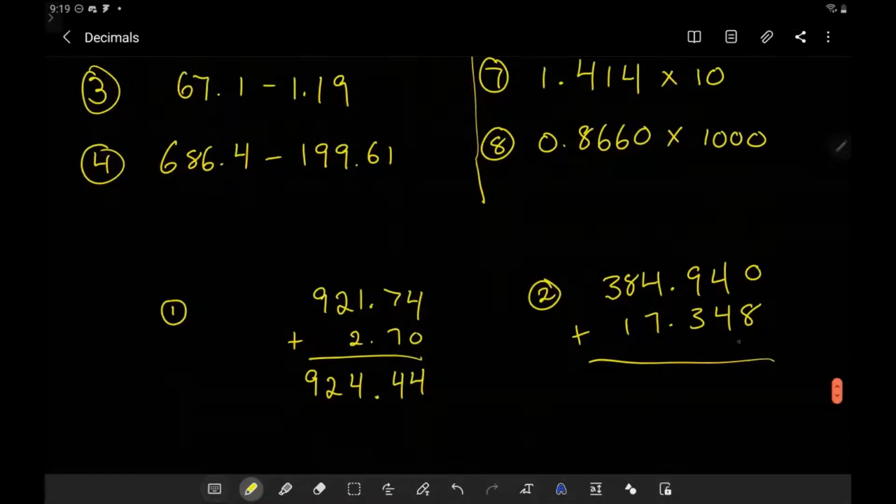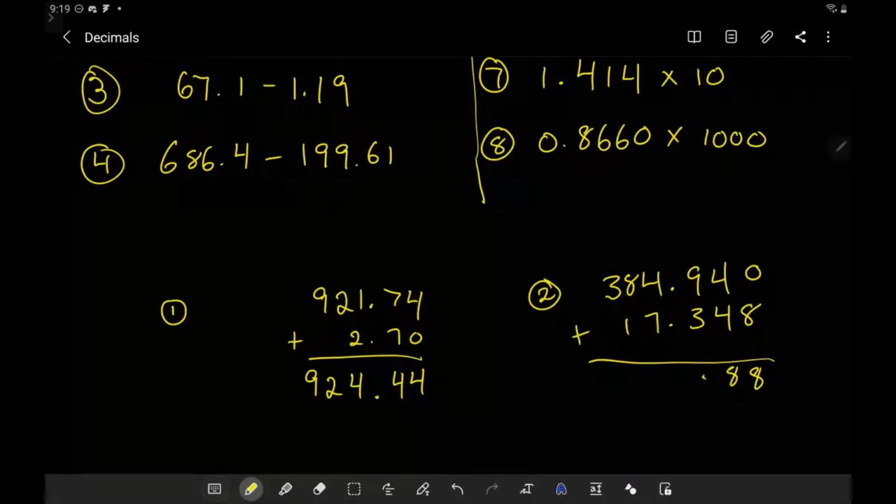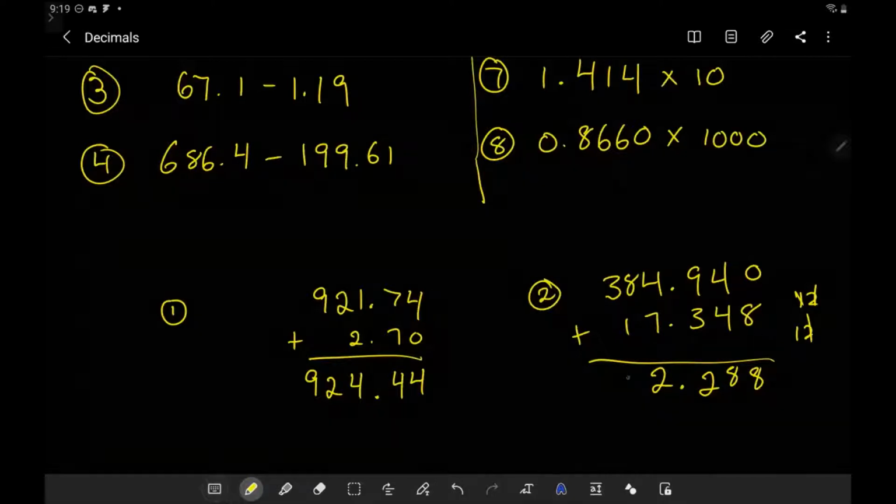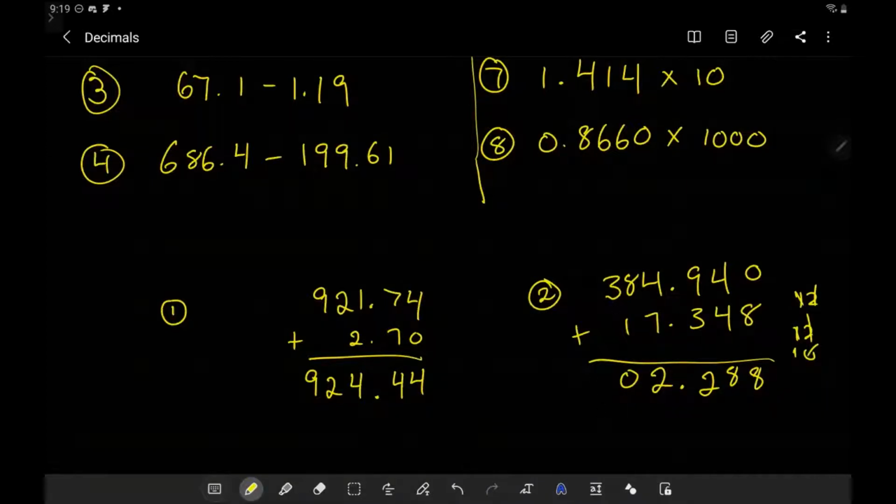Right, so we can just put a 0 here, adding up. 0 and 8 is 8, 4 and 4 is 8, 9 and 3 is 12, so you have 12. 4 and 7 is 11, and 1 is also 12. You have 12 again. 8 and 1 is 9, and 1 is 10. And then finally, 3 and 1 is 4. So that's our answer, 402.2888.